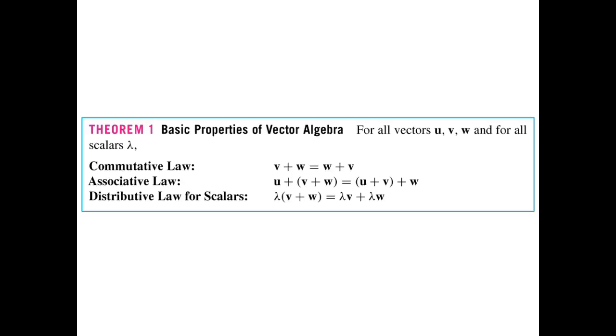That's the same as lambda V plus lambda W. Okay? Now, if you wanted to prove this, again, do it by components. If this is A, B, this is C, D, the sum is A plus C, comma, B plus D, lambda times that would be lambda A plus lambda C. You know, it distributes across both of them, and that's exactly what you get when you do this as well. So, hopefully those are pretty set.